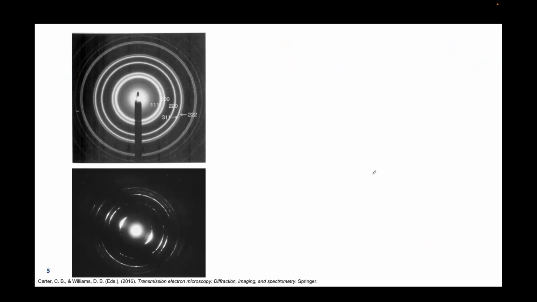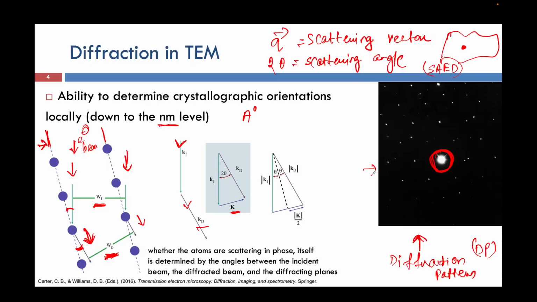Now coming to the electron diffraction pattern, here there are different types of spots. One bright spot is there, and there are different types of diminished spots. So this diffraction pattern corresponds to a single crystal.